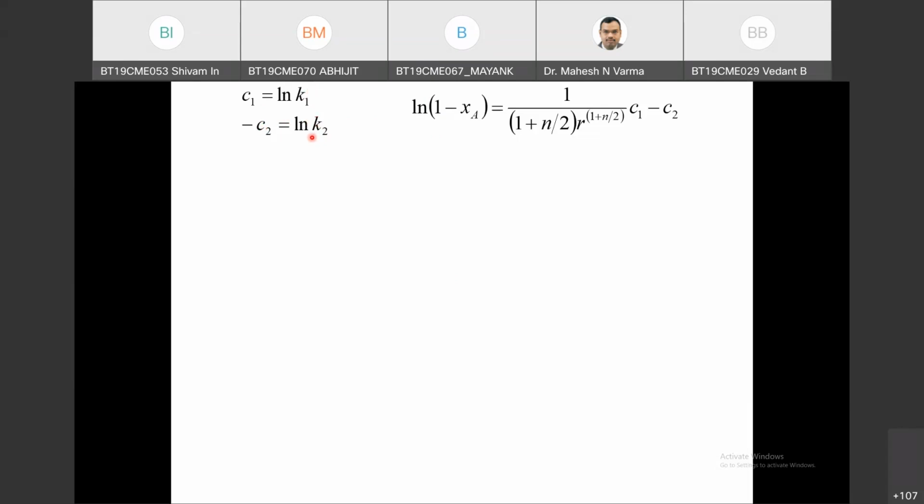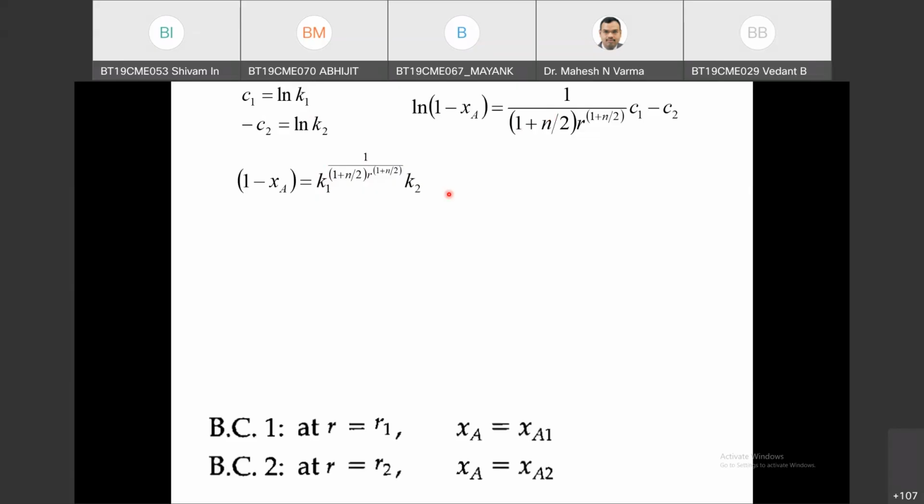Okay, so substituting this, you will get 1 minus XA equals K1 raised to 1 plus N by 2, R raised to 1 by 2, into K2. Now K1 and K2 can be estimated by using the boundary conditions. At R equals R1, you will get XA equals XA1. At R equals R2, XA equals XA2.